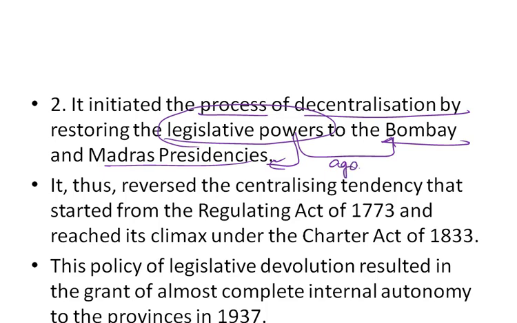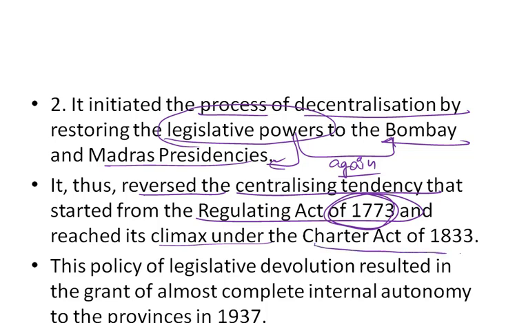So it reversed the centralizing tendency that started from the Regulating Act of 1773 and reached its climax under the Charter Act of 1833. Decentralization started from this Act.